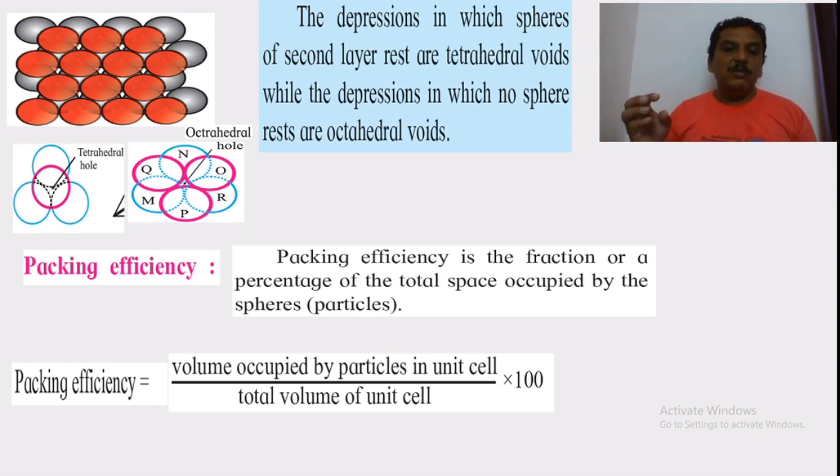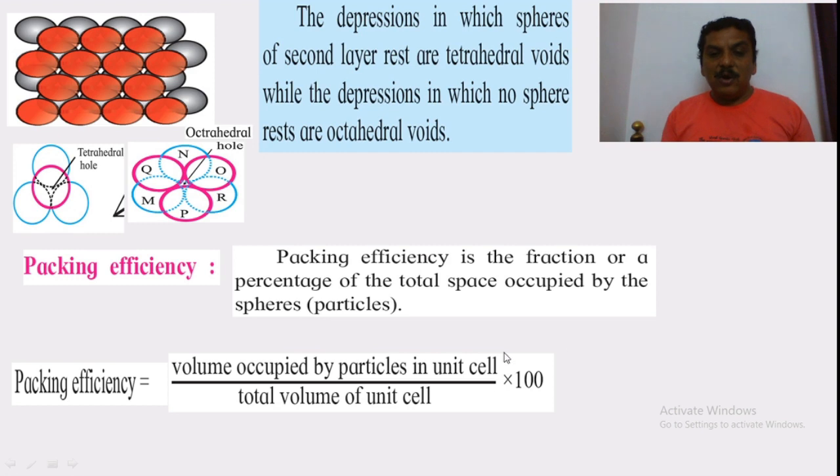And hence we have to find the volume occupied by particles in unit cell, because in case of simple cubic there is only one particle per unit cell. In case of BCC there are two particles per unit cell, and in case of FCC there are four particles per unit cell. Hence we have to calculate the total volume occupied by the particles and divide by the total volume of unit cell, into 100.